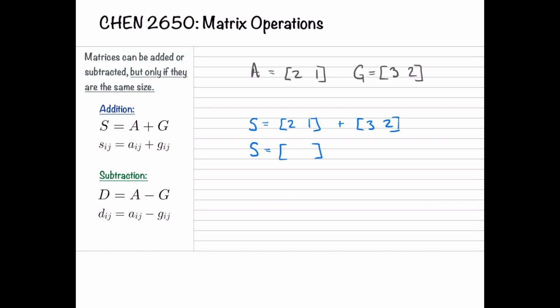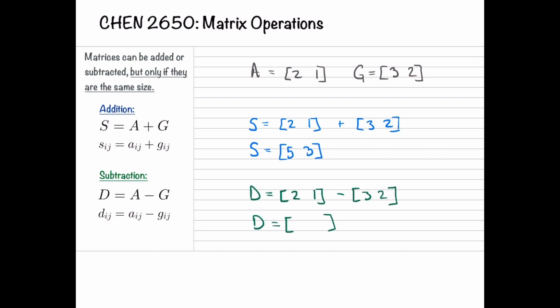Now let's consider another illustrative example where we have two matrices, A and G. For the sum, for the addition of these two, we'll have a new matrix of the same size, because in this case they both have one row and two columns. And so it's simply adding up 2 plus 3 and 1 plus 2 to get 3.